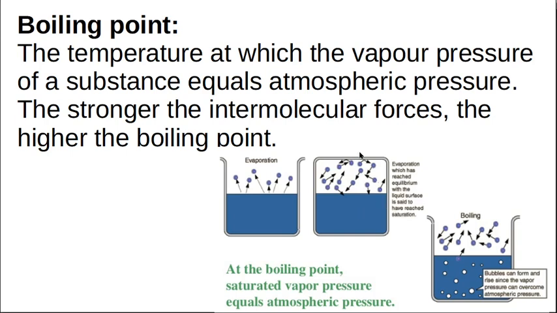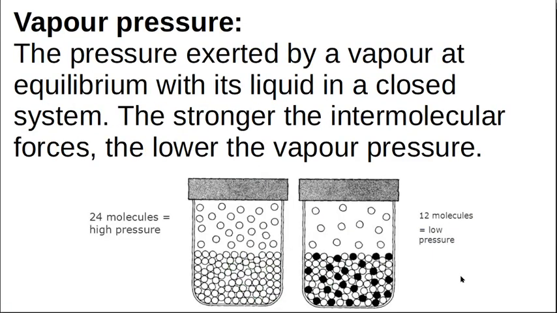The rate of them going to gas is equal to the rate of them going back to liquid. But when we boil a substance, the push of these particles is equal to the push of the atmosphere down on the surface of the liquid, and that's when all the particles have enough energy to separate out and become gas particles.